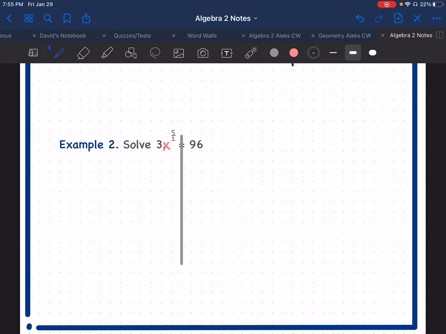Anything that's in front of the variable or anything that is after the variable, added or subtracted, needs to get rid of before you can raise it to the reciprocal power. So we're going to divide by 3 on both sides, giving us x to the 5/2 power equals 32.